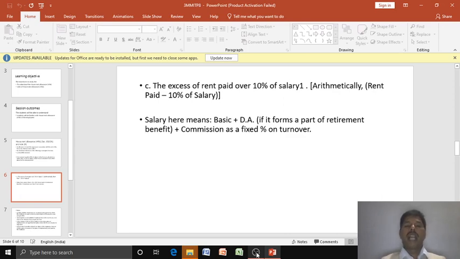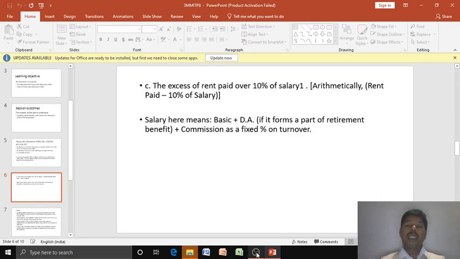Here, salary means basic. We have to consider DA only if it forms a part of retirement benefit. Again, we have to consider commission if it is paid as a fixed percentage on turnover. So these items are to be taken while computing salary for the purpose of HRA.